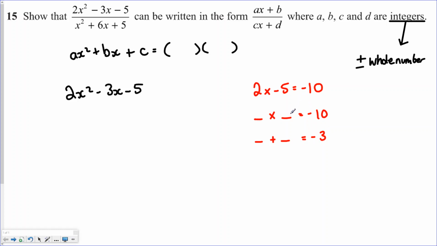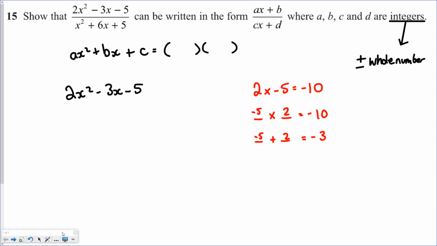Now a little bit of trial and error, a little bit of mental arithmetic. I believe the numbers are going to be minus 5 and 2. So let's try that. Minus 5 times 2 is minus 10, and minus 5 add 2 is indeed minus 3.